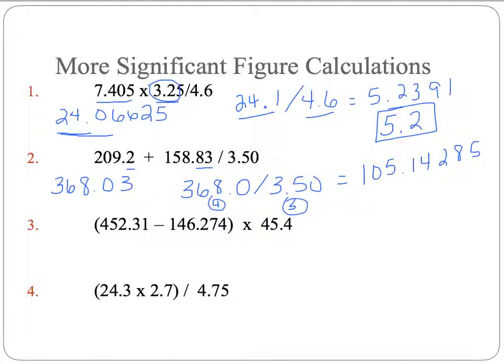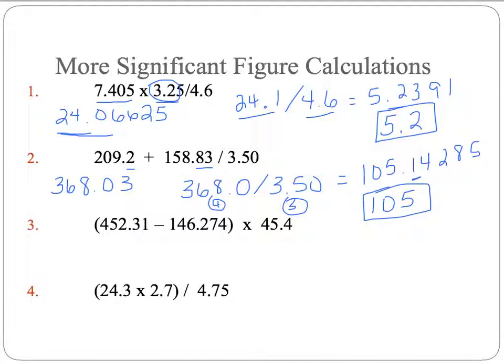And if you can't figure out how I'm getting these significant figures, you need to go back to the video on how to look at how many significant figures are in a measurement and review that a little bit. So I need the least number, so I need 3. So right now I have, if I start with the 1, there's 1 significant figure, 2 significant figures, so the 5 is going to be my last one, and that 1 tells me that I don't round up. So the answer is 105.